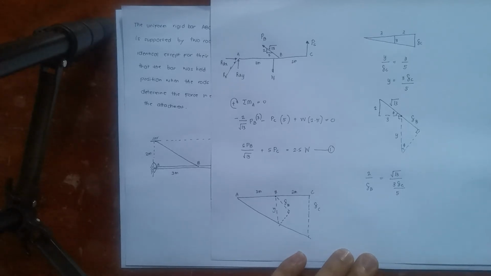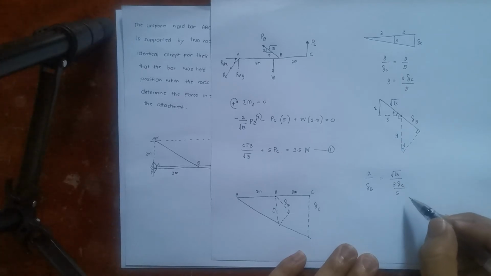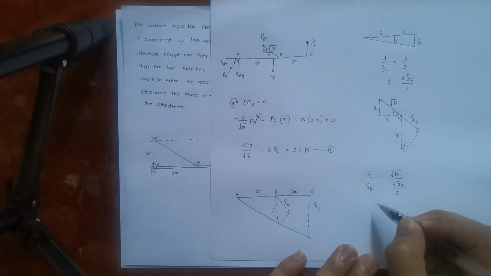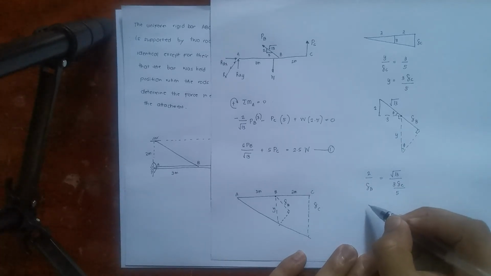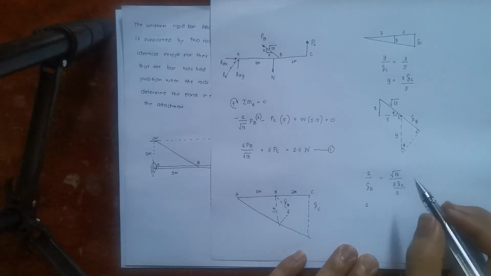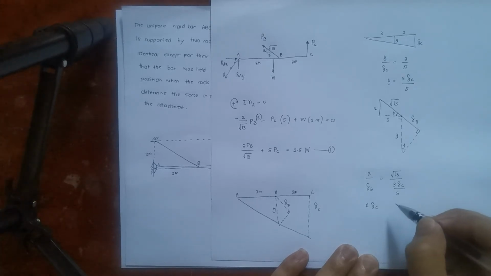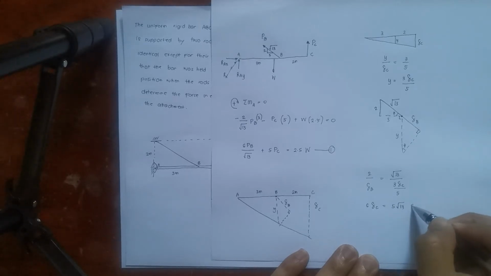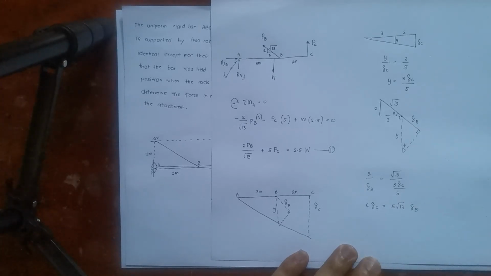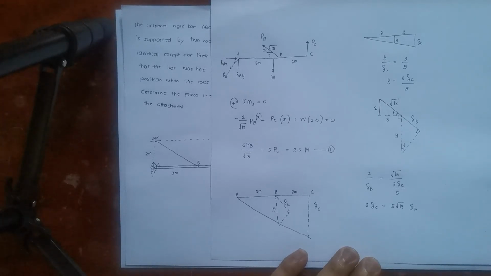So, simplifying, pwede natin sabihin na lipat natin doon 6 deformation of bar point C equivalent to 5 square root of 13 deformation at bar B. But deformation is PL over AE.